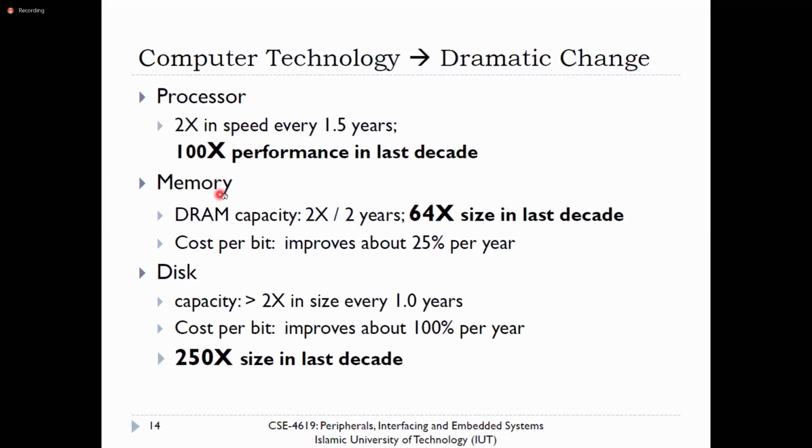Next, in the case of memory, dynamic RAM capacity doubles every 2 years, and it has increased 64 times in the last decade.